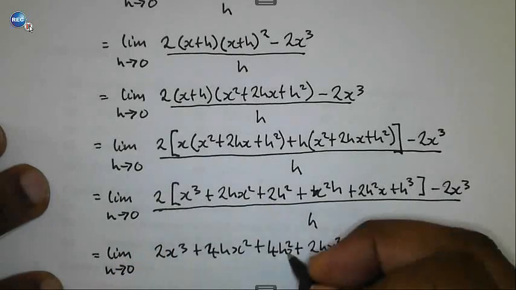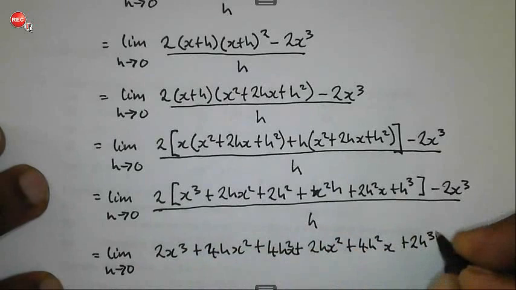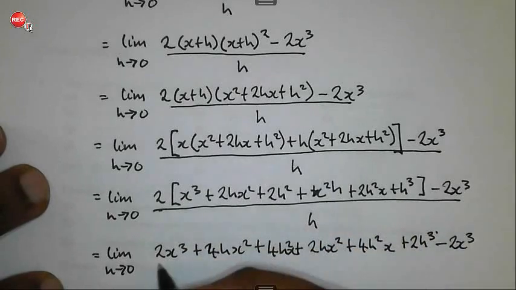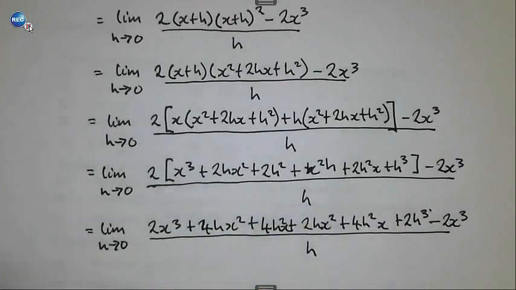No, this is 4h squared x. Plus 2h to the power of 3 minus 2x to the power of 3, all over h. Now let's look for like terms. Any like terms? Okay, 2x to the power of 3 minus 2x to the power of 3, these ones cancel away.